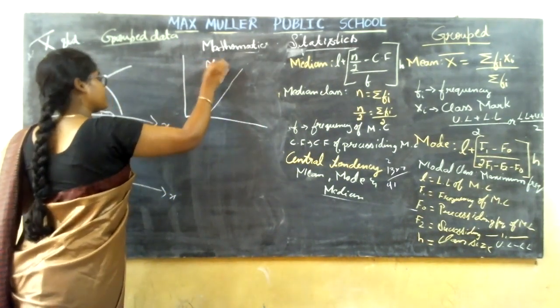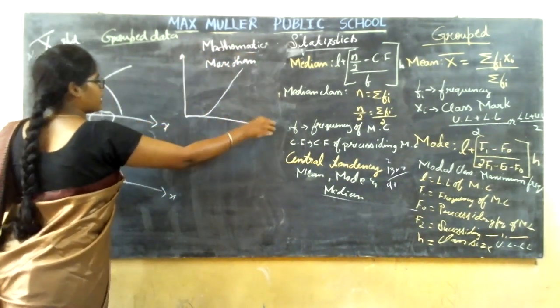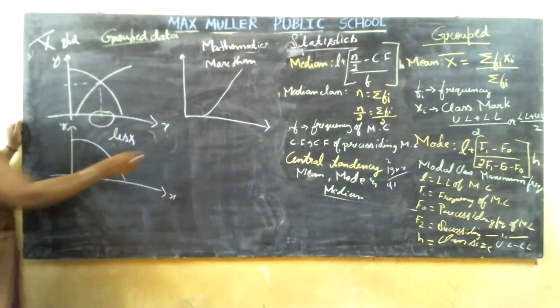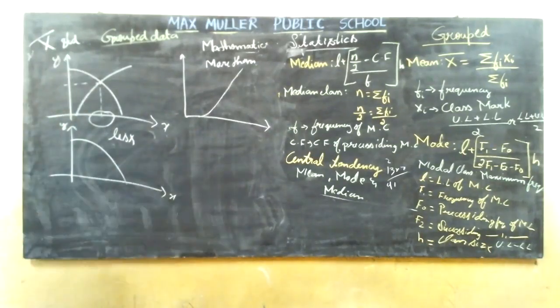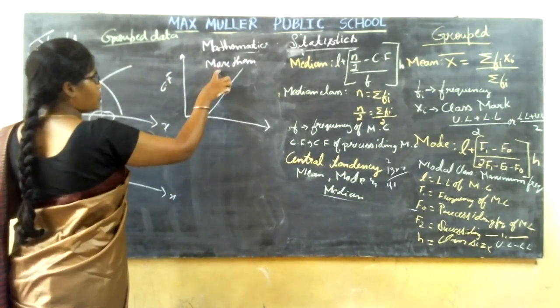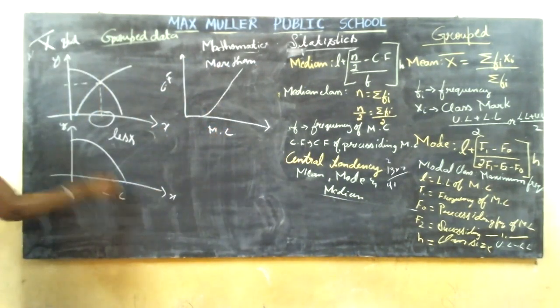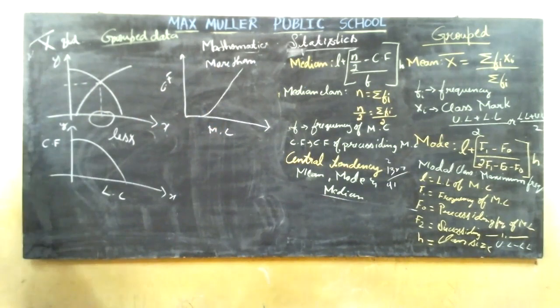The graph will be cumulative frequency versus limits: more than limits for the more than ogive, and less than limits versus cumulative frequency for the less than ogive.